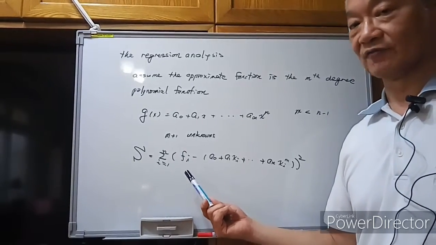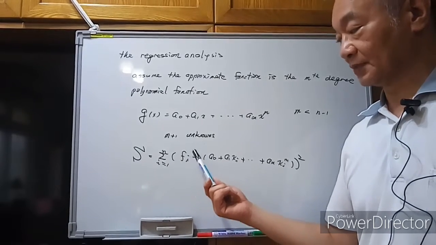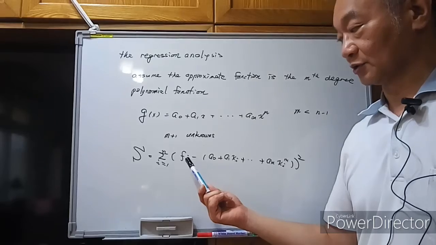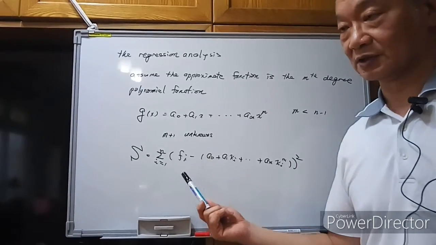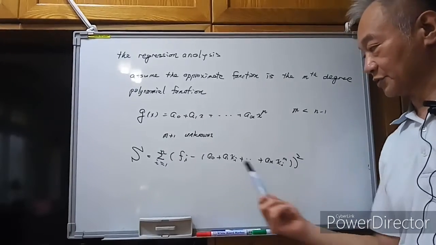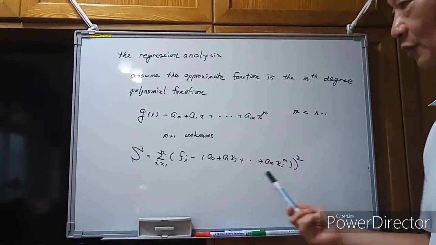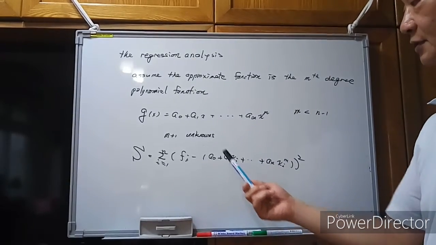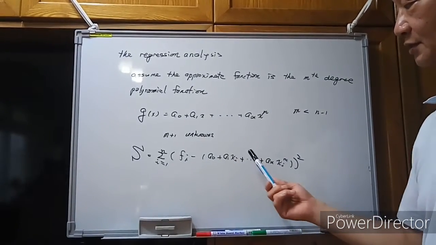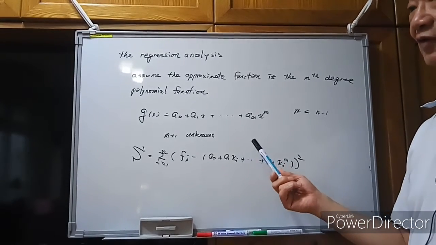Xi is the value of the parameter. The fi is the corresponding function value at these data points. And the inside parentheses, which is the function value obtained from the g of x. Okay, so the fi minus g of xi, it is the e of xi.